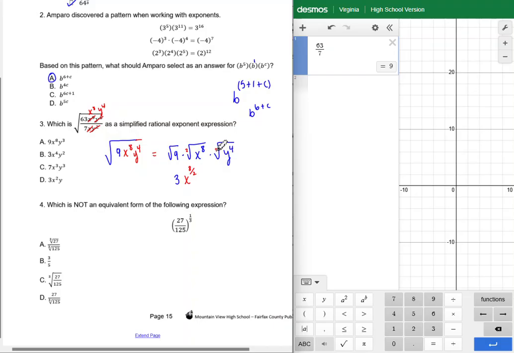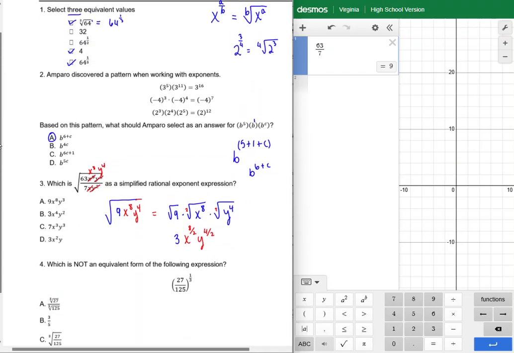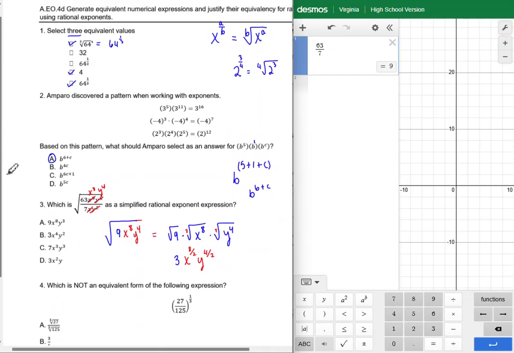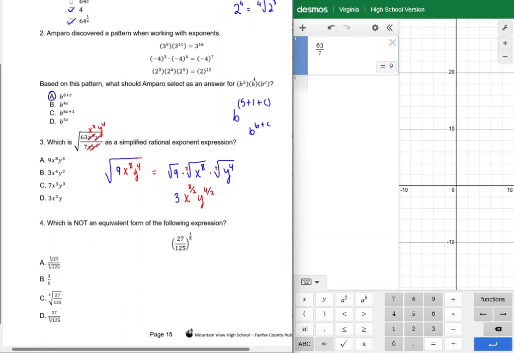Same thing here, there's a square root, so I can write this as 4 divided by 2, keeping with this form. Now I can simplify the fractions. 3 is 3, 8 divided by 2 is 4, and 4 divided by 2 is 2. That's that.